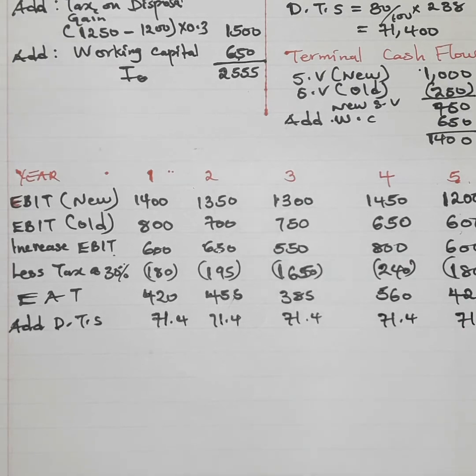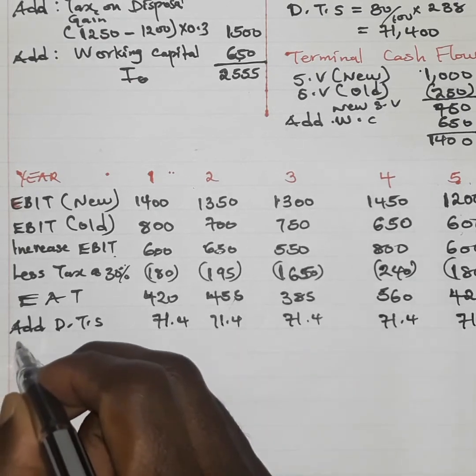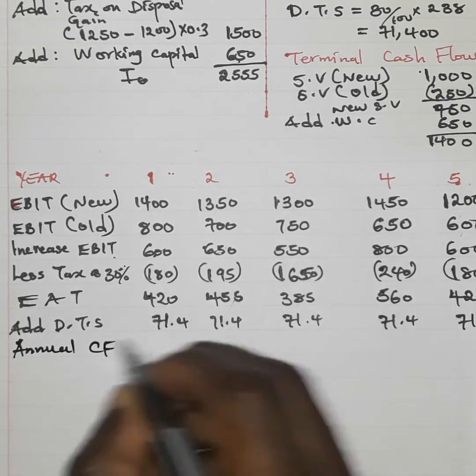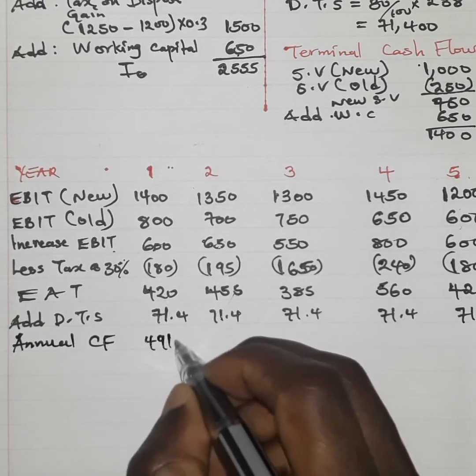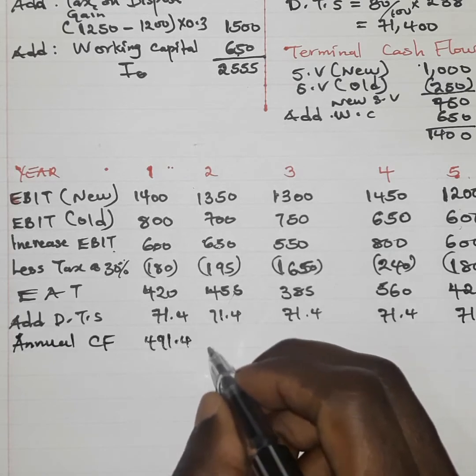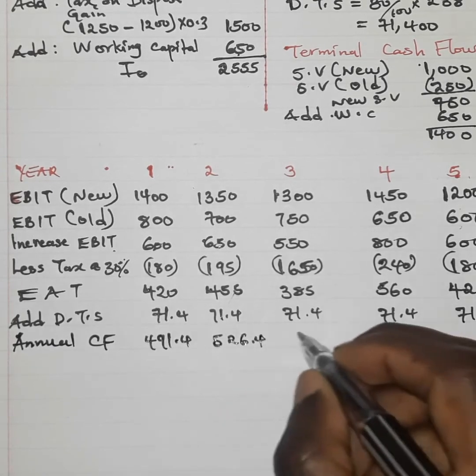Now, terminal cash flows, it means that it's supposed to be the annual cash flows. When the amount is supposed to be 91.4, this is 526.4 million.